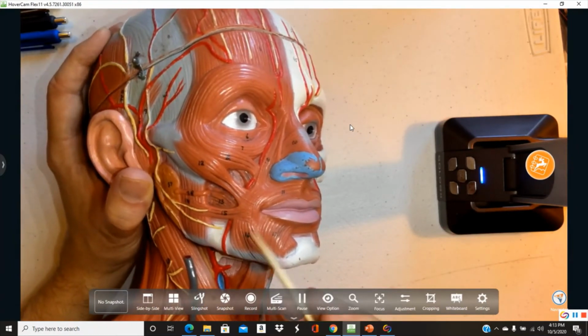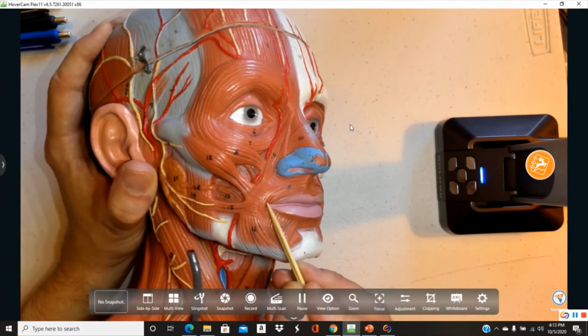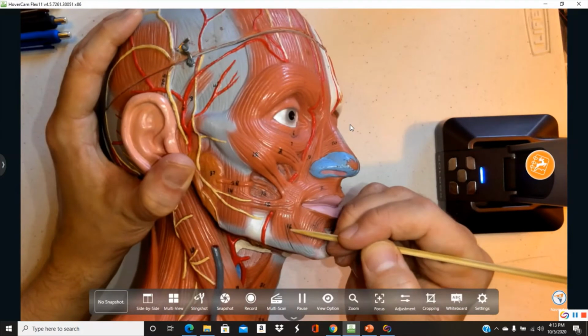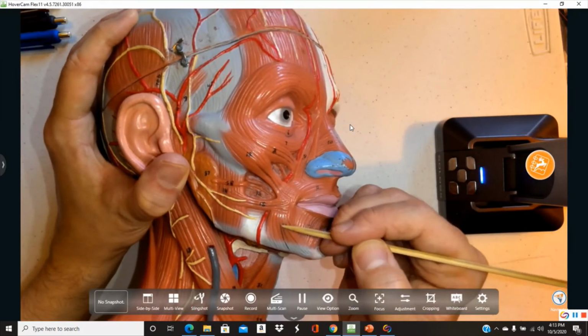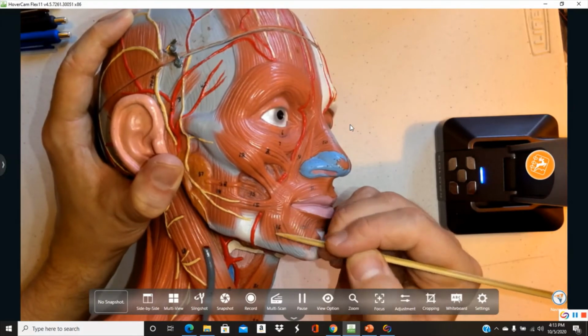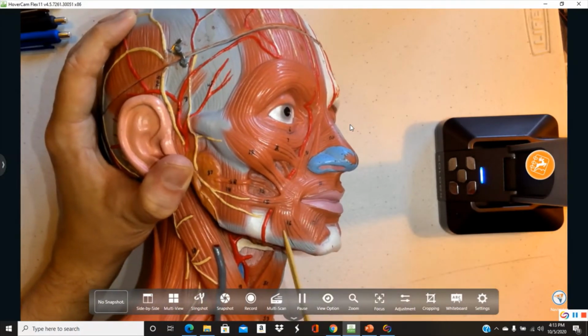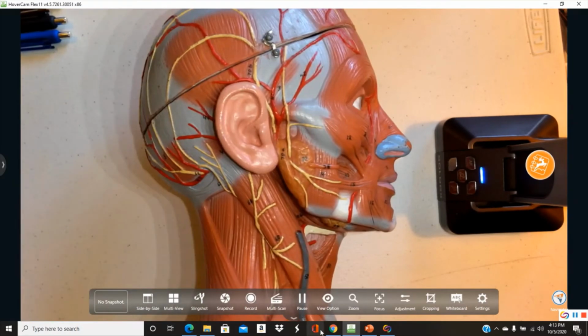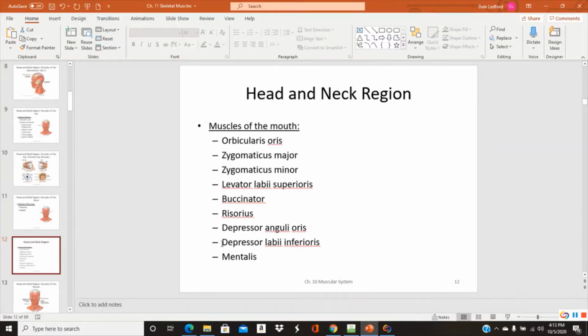So it's going to pull the mouth down at its corner here at the angle. Depressor anguli oris.